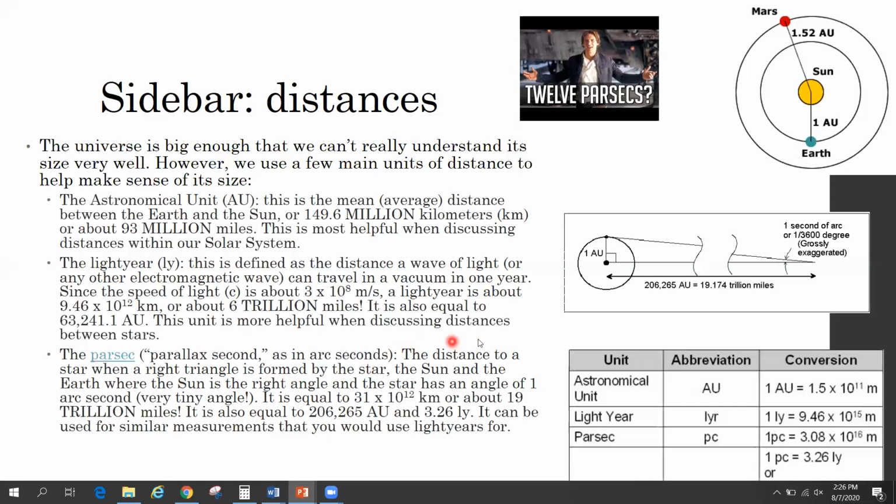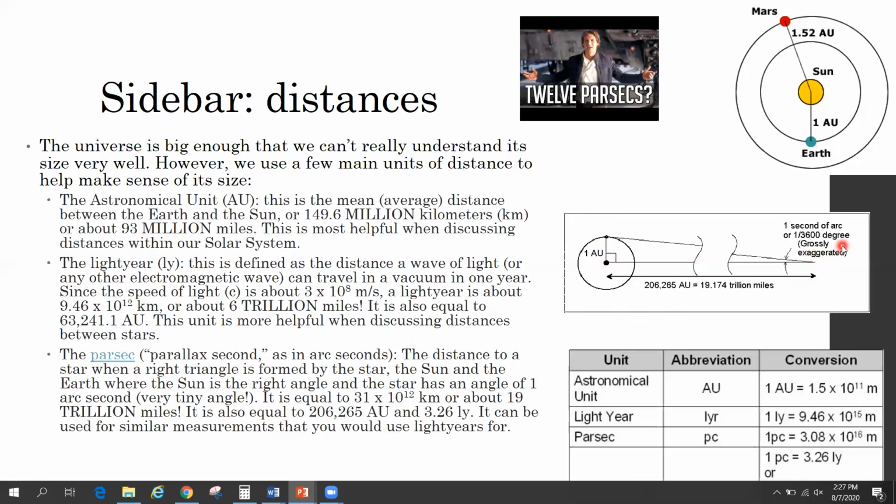All right, so a parsec is the distance to a star when a right triangle is formed by the star, and that would be over here at this end of this diagram. So a right triangle formed by the star, the sun, which would be the center of the circle, and the Earth, which is on the edge of the circle. And the star has an angle of about 1 arc second, which is a really tiny angle.